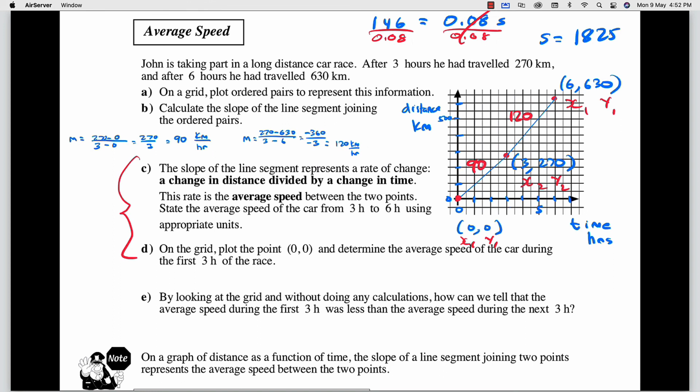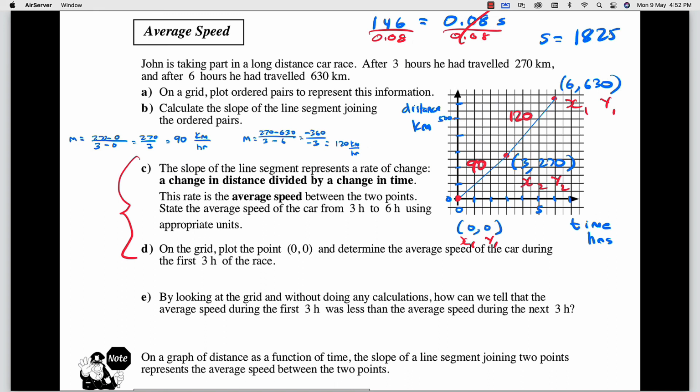It was 90 kilometers for every hour. And what was the average speed for the second leg? It was 120. And the average speed for the entire race, we would use the origin and the point at 6 hours.